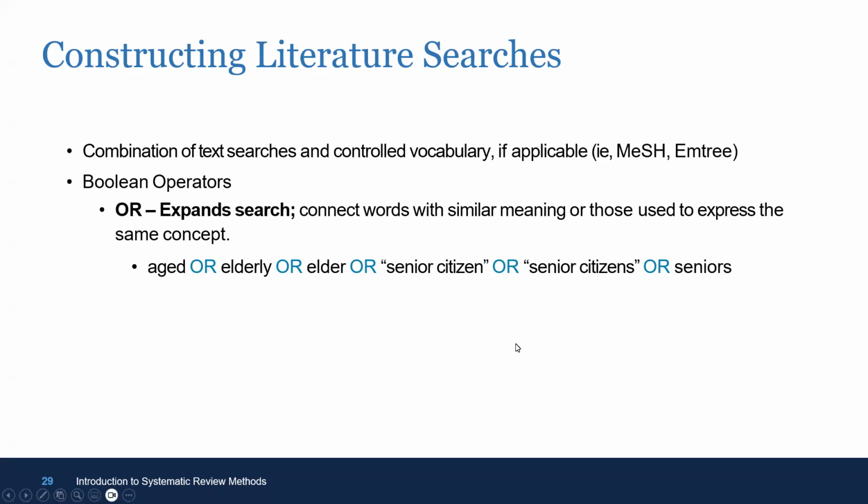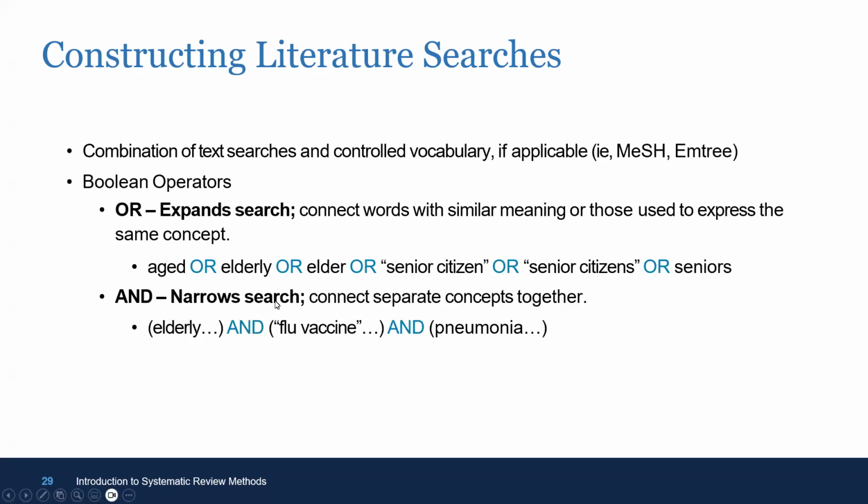But sometimes we want to narrow down, and we tend to use the word AND, which helps us to narrow, where we say we are looking for a paper that mentions this and also mentions this. So if a paper mentions only this, it will not show up. So AND helps to bring only papers that mention the key things you want.